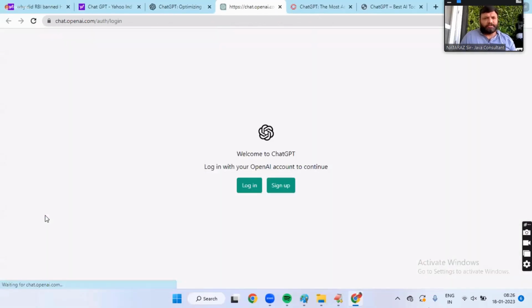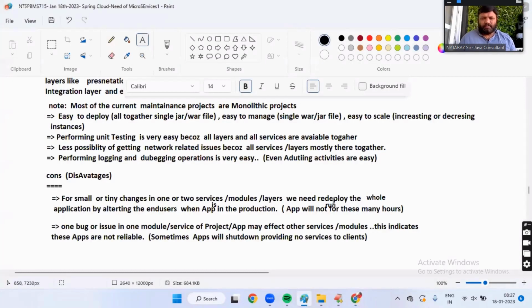Login, sign up. Again, I have to create an account and other stuff, boss. It takes time, guys. Leave it. But try once, it's a different experience. But right now, they are giving only offline data results.